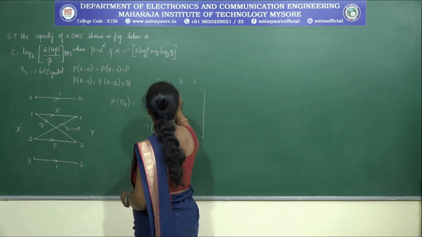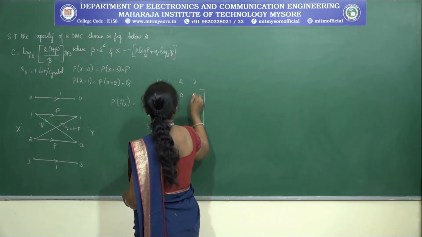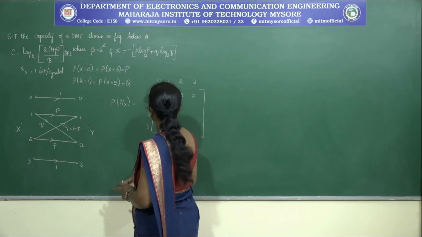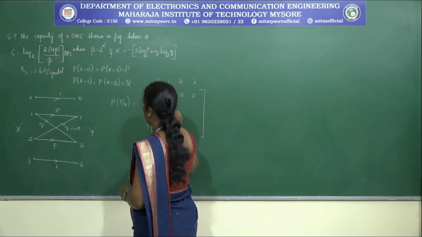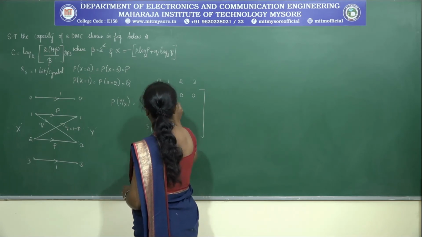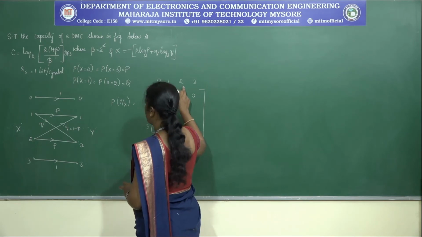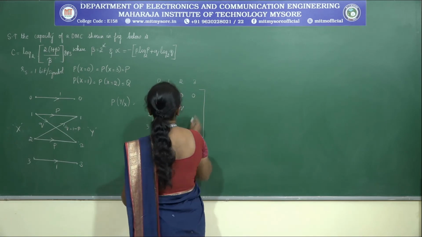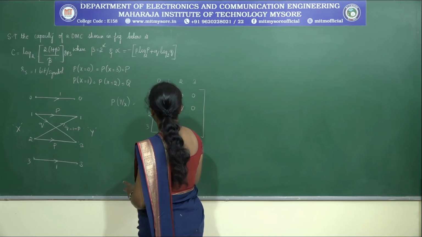From 0 to 1 we do not have a connection, it is 0. From 2 to 0 it is 0, and 3 to 0 is also 0. From 1 to 1 it is P. From 2 to 1 it is Q. From 3 to 1 we do not have a connection, so it is 0.